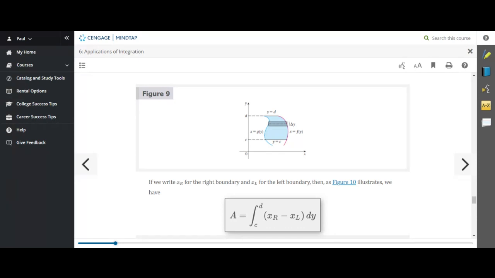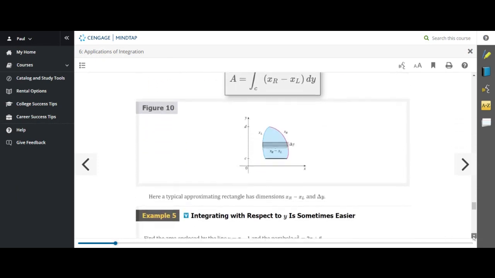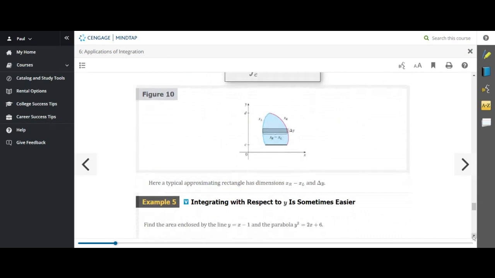We'll look at an example, but are there any questions? All right, let's go down here. Okay, and then there's another figure.